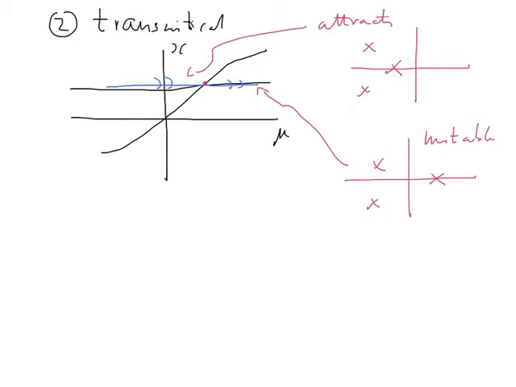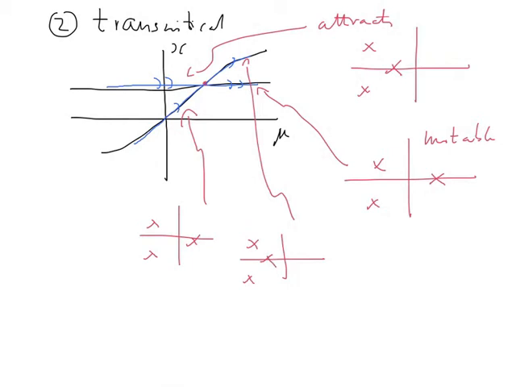Now imagine that I'm going along the other curve. You would be doing the opposite: going from unstable here, and then up to the attracting case afterwards.